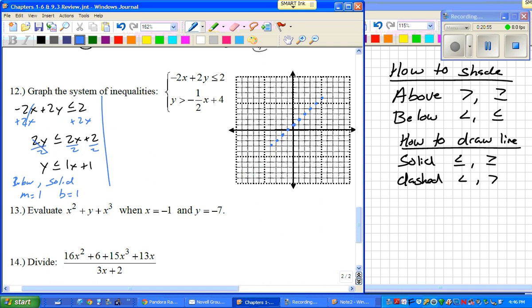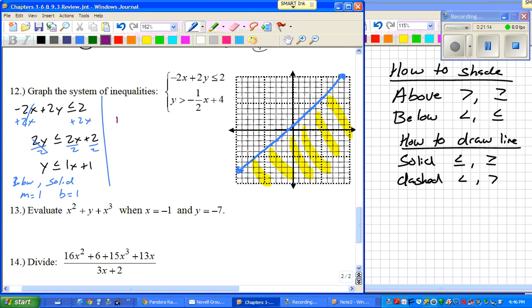Okay, so you kind of get the gist of it. A solid line. And now, just know that all of that's where we should shade. And we don't want to do a full shading yet, okay?